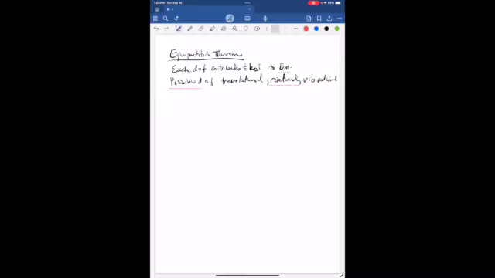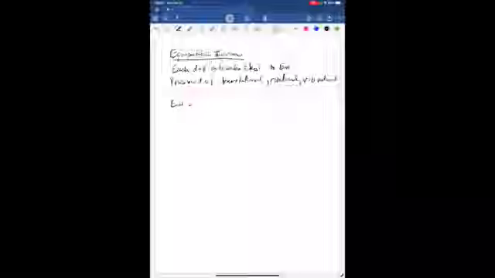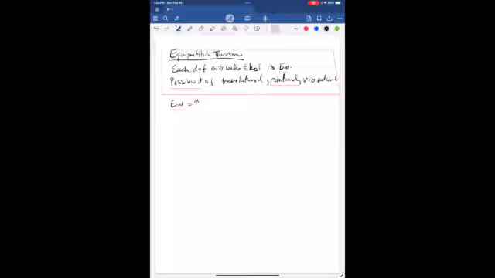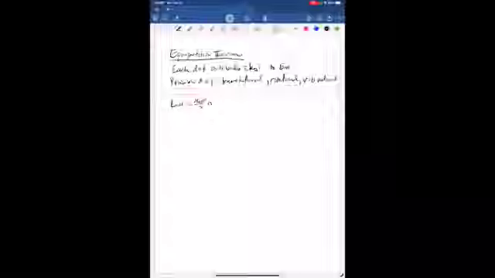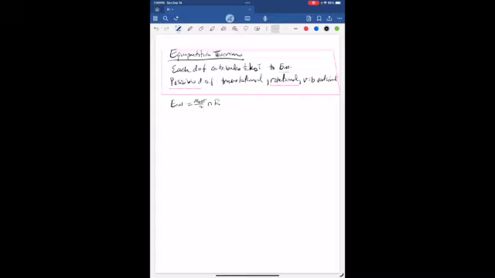Okay, and then furthermore, we learned that the internal energy of a gas is the number of degrees of freedom over 2 times nRT, where f is the number of degrees of freedom.